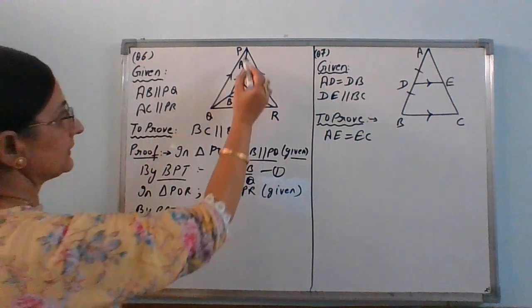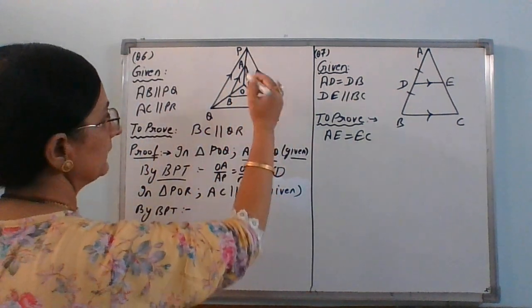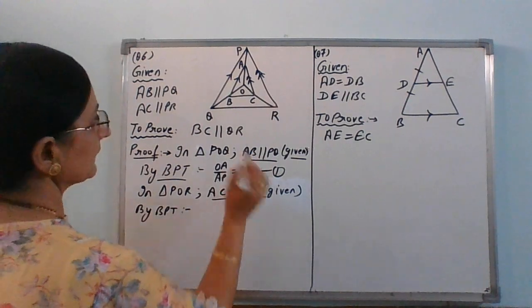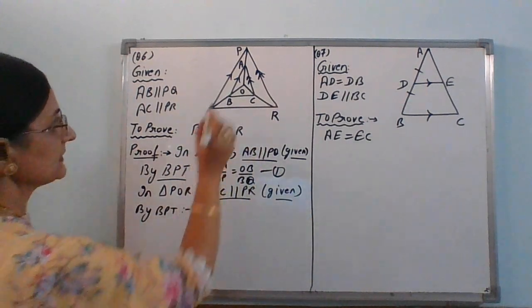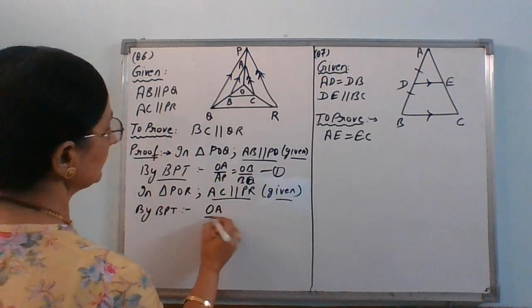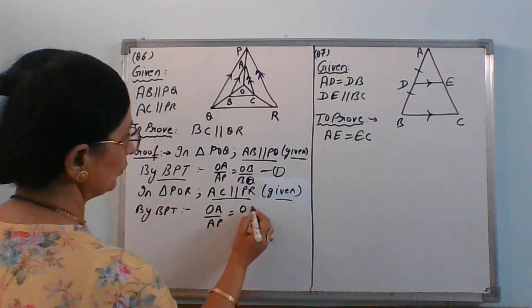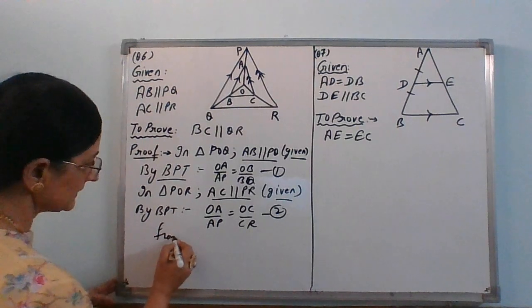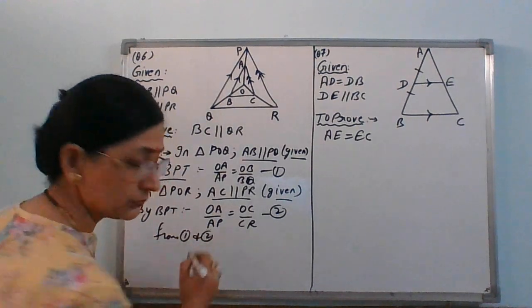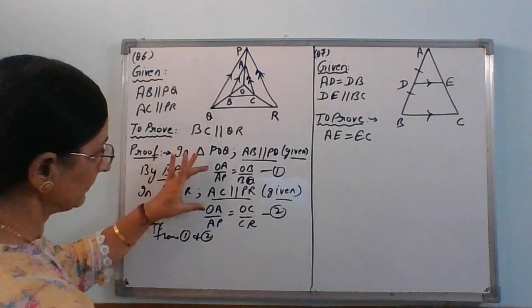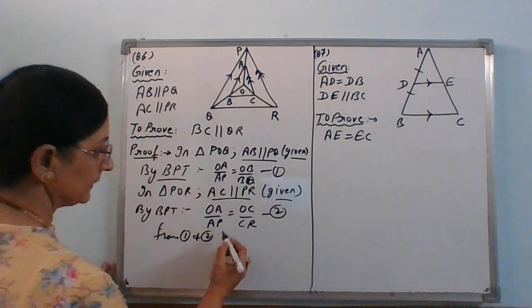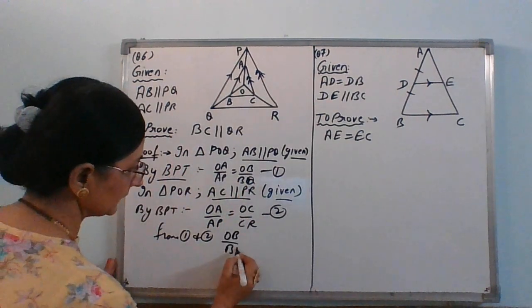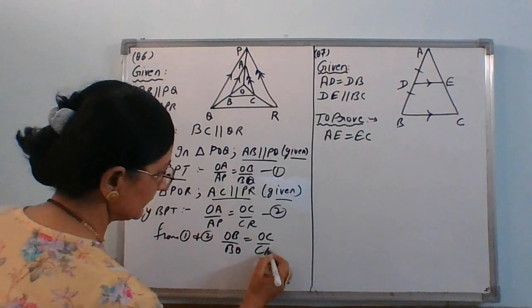Now in the other triangle, POR, AC is parallel to PR, given. So by BPT, sides will be in ratio: OA upon AP will be equal to OC upon CR. Number 2. From 1 and 2, we can see that OA upon AP is the same. We can equate OB upon BQ is equal to OC upon CR.